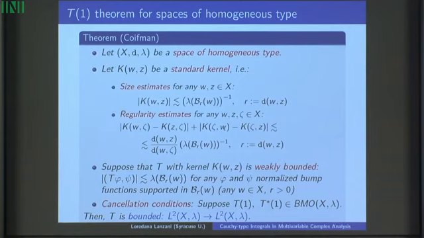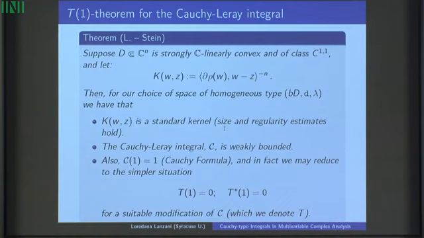And I point out that this theorem was needed to prove L2 regularity of the Cauchy integral in one dimension for a Lipschitz curve in its most general form, which is that. So what is interesting about the Cauchy-Leray integral is that, okay, there you go.